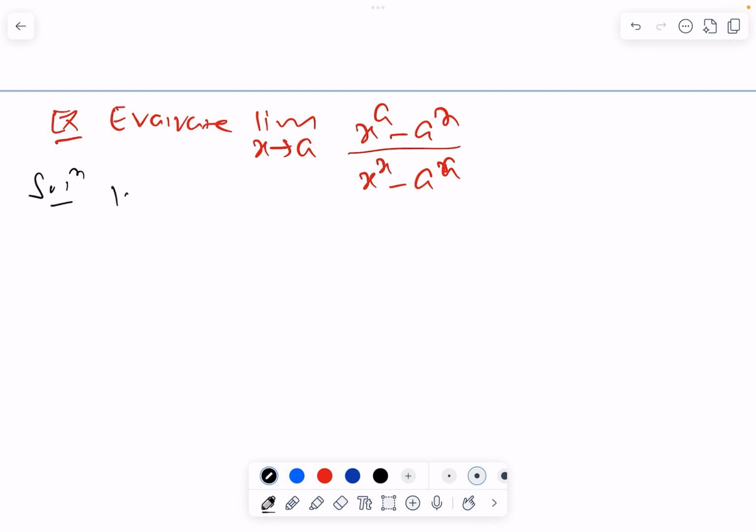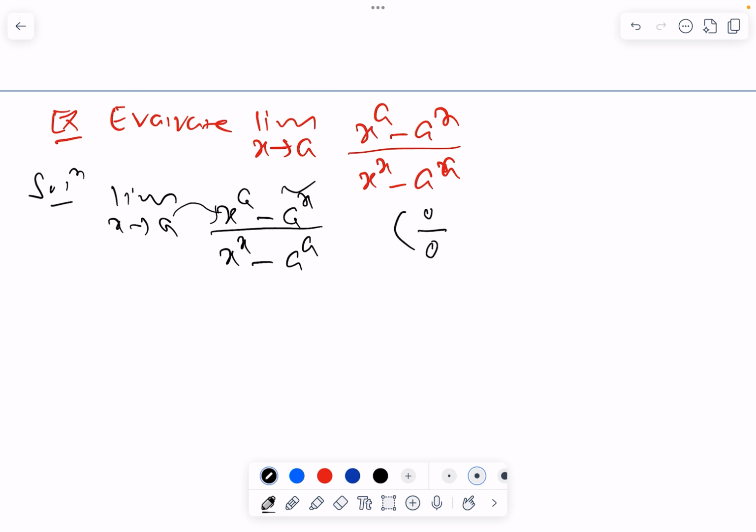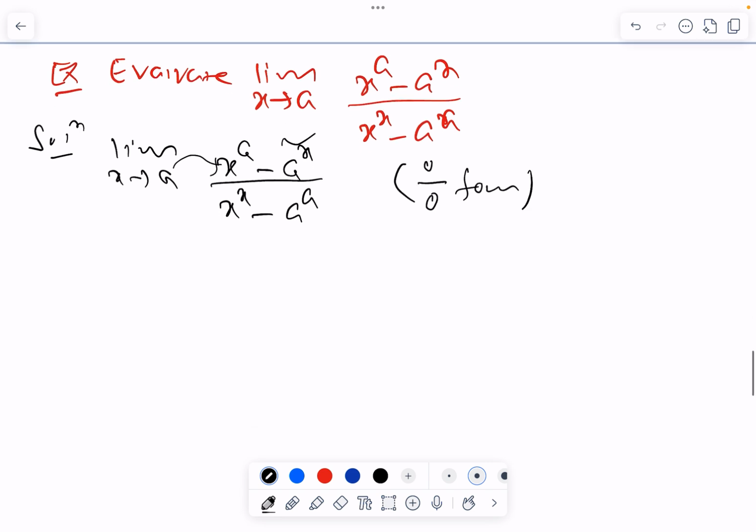So here limit x tends to a, (x power a minus a power x) divided by (x power x minus a power a). Now say x tends to a. So this is a power a minus a power a, so this is 0 and denominator is also 0. So that is 0 by 0.